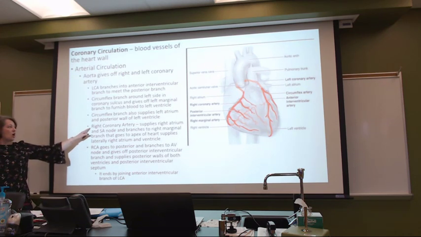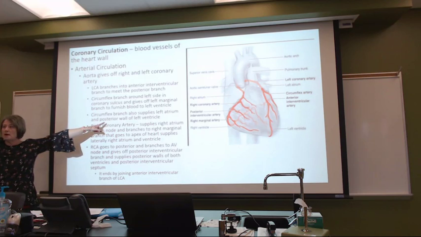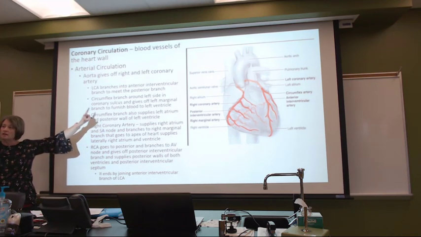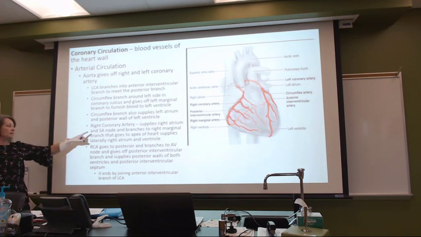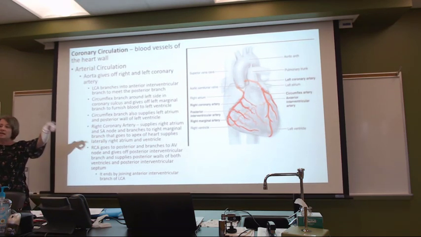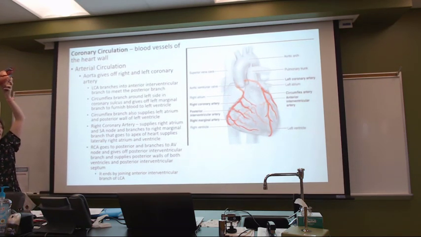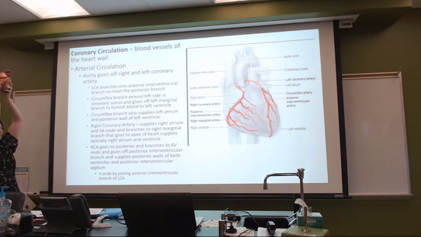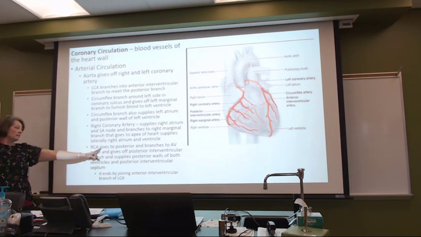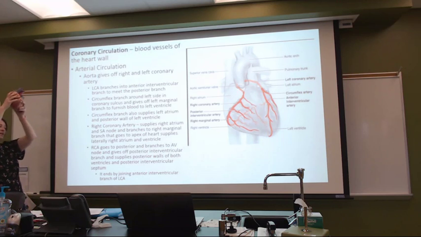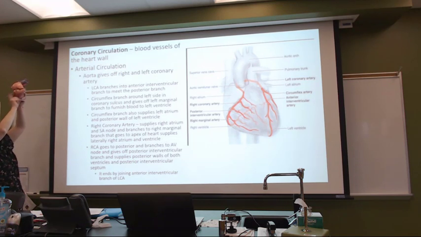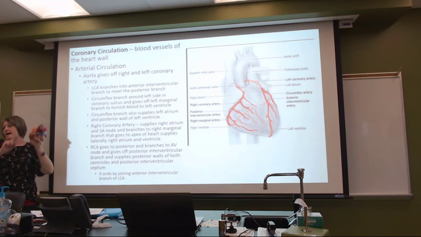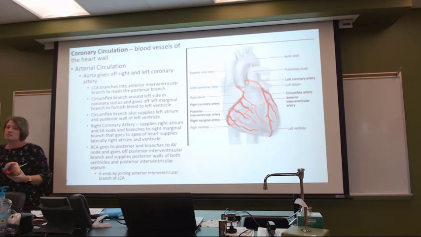So my RCA, my right coronary artery, supplies my right atria, the SA node. It branches to a marginal branch for the right, helps with giving posterior branches so that I supply the posterior and anterior of the right side of my heart.